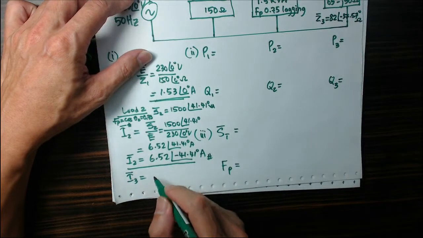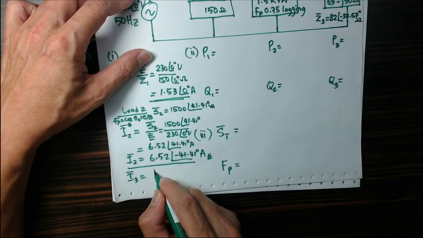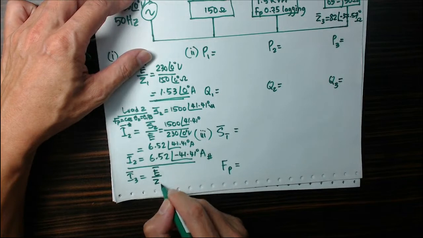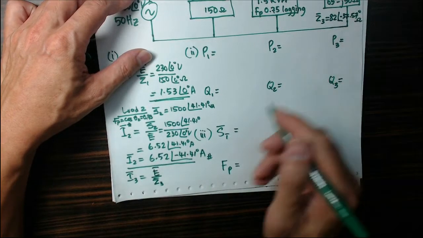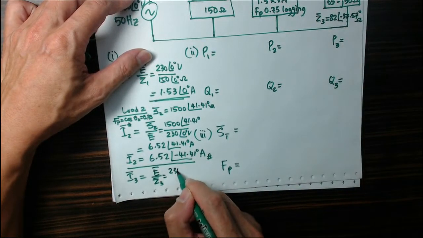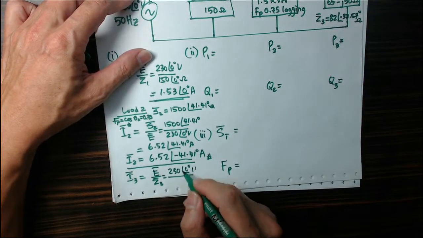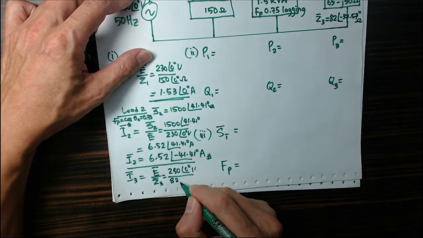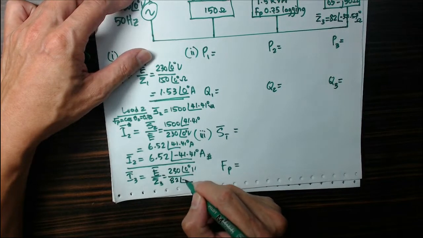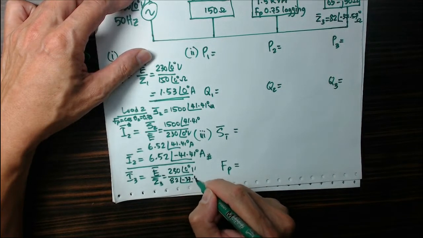I substitute that in: E divided by Z3, that is 230 angle 0 volt divided by 82 angle minus 37.57 degrees.